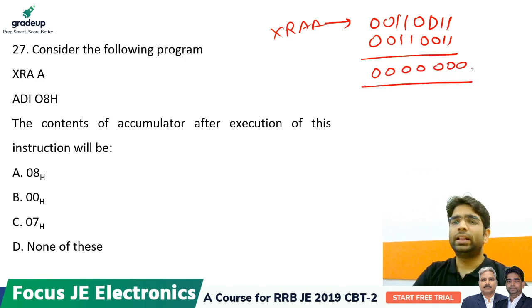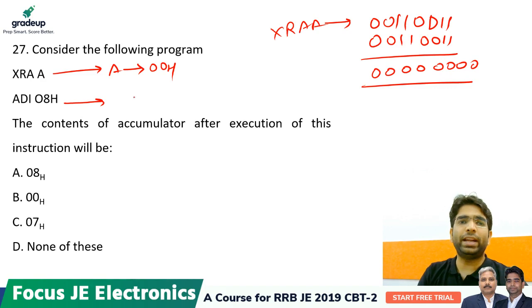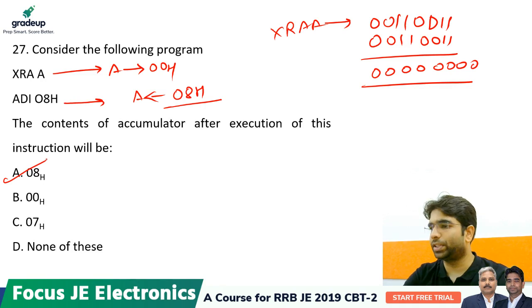It means that XRA A will make the contents of the accumulator 00H. Then adding 08H to the accumulator, A will store 08H. So the correct option will be 08H.